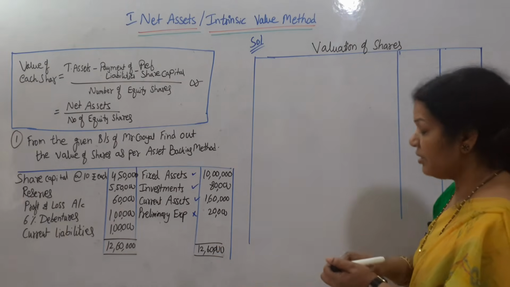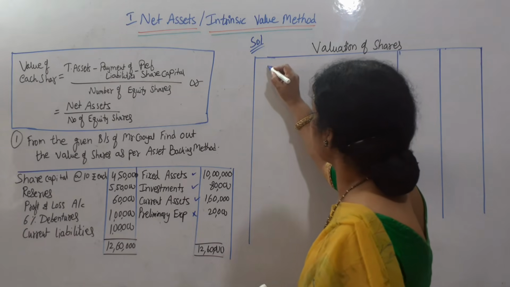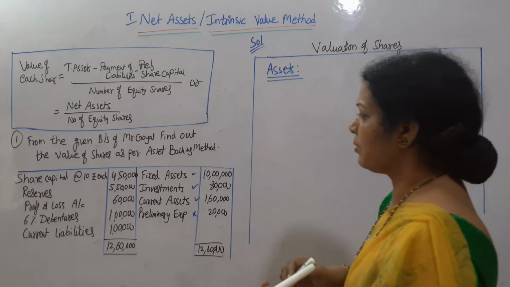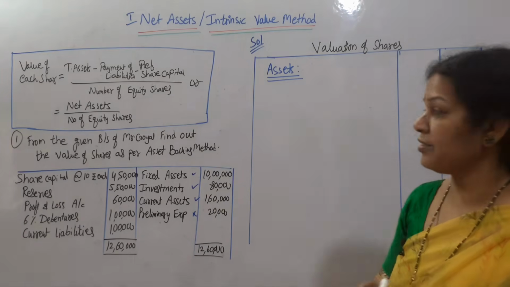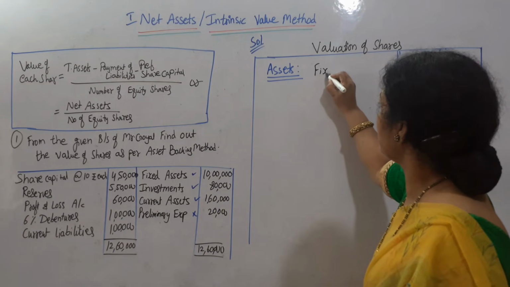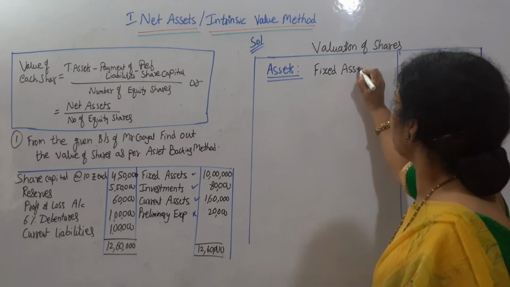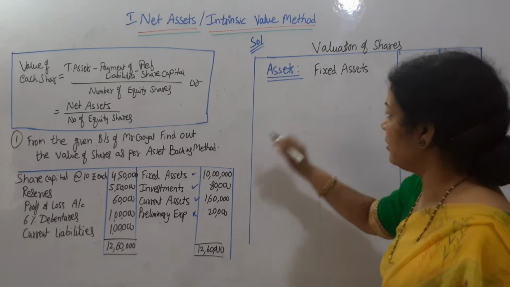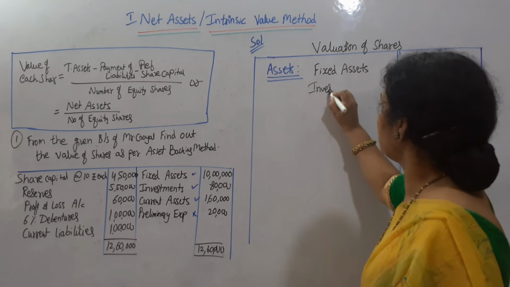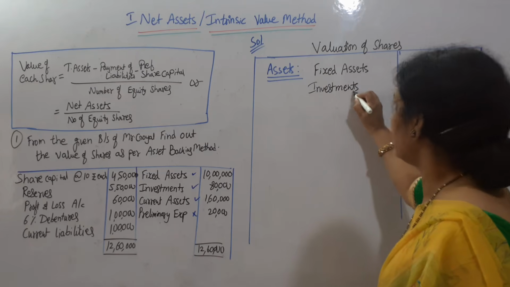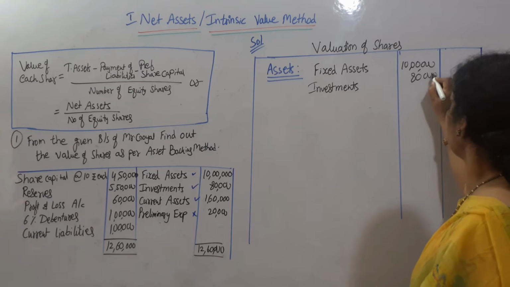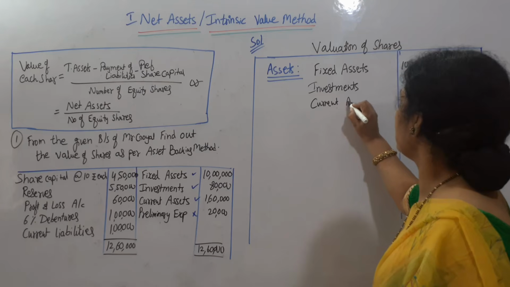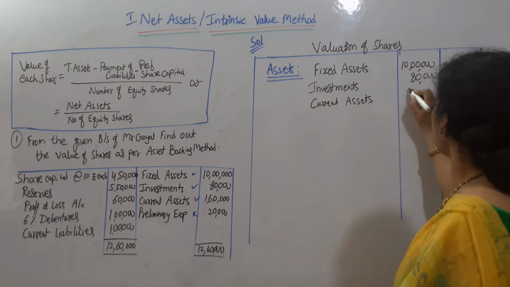So first let me write here assets. What are the assets we are going to take? Fixed assets, investments and current assets. Fixed assets 10 lakh. Next, investments 80,000. Next, current assets 1,60,000.